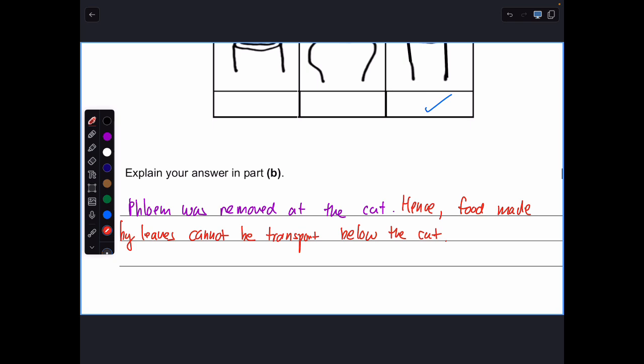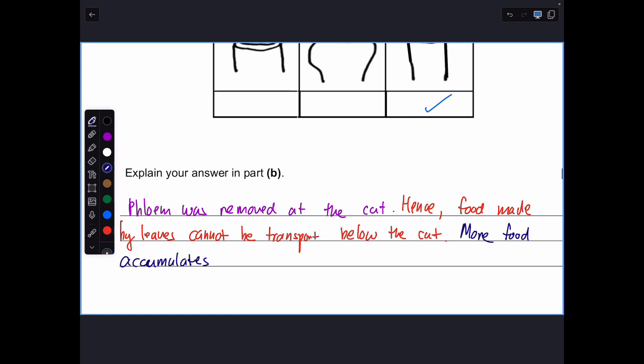Okay? So then what happened finally? More excess food, this is my third marking point, accumulates. Accumulates where? You must tell me where. You say stuck. Food gets stuck. Stuck where? Stop where?